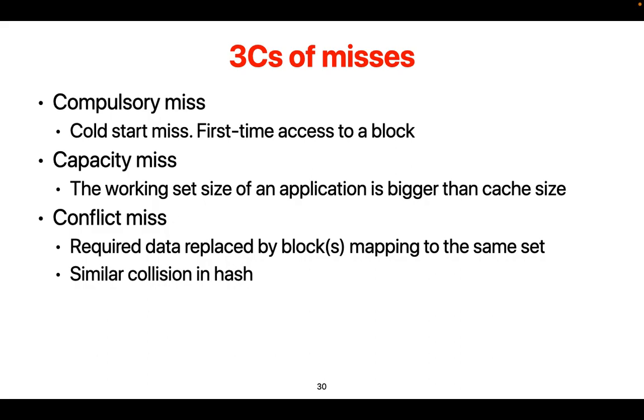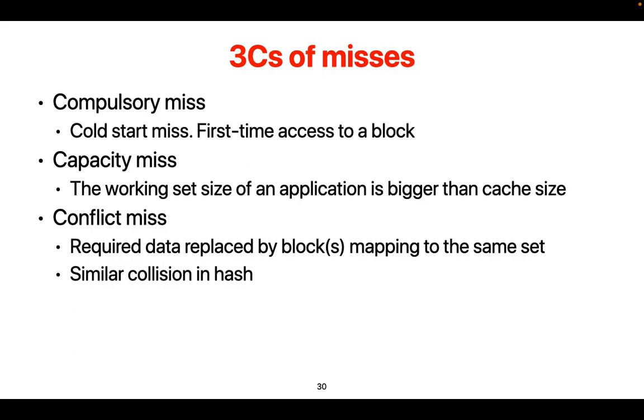Capacity means that the working set of the code is so big that there's no way I can accommodate everything you need unless I change to a bigger cache size. That's a capacity miss.